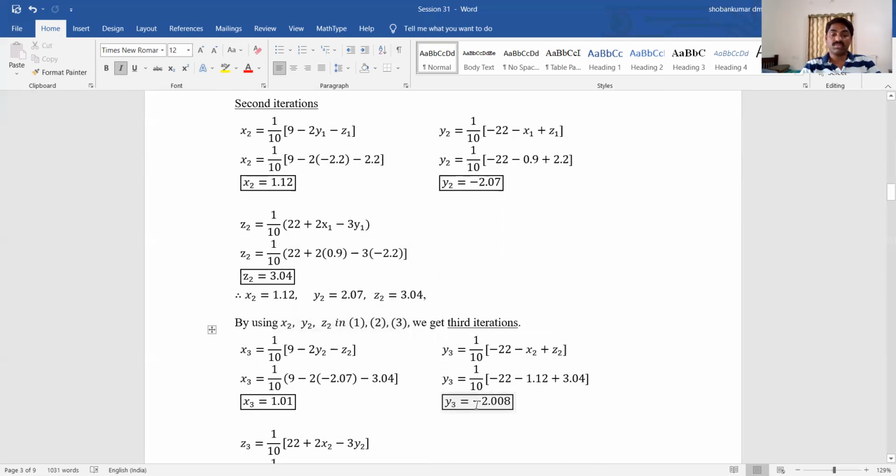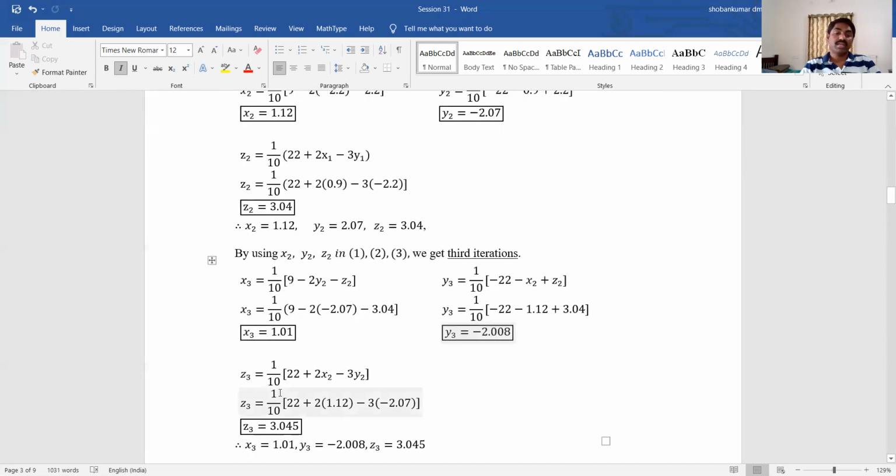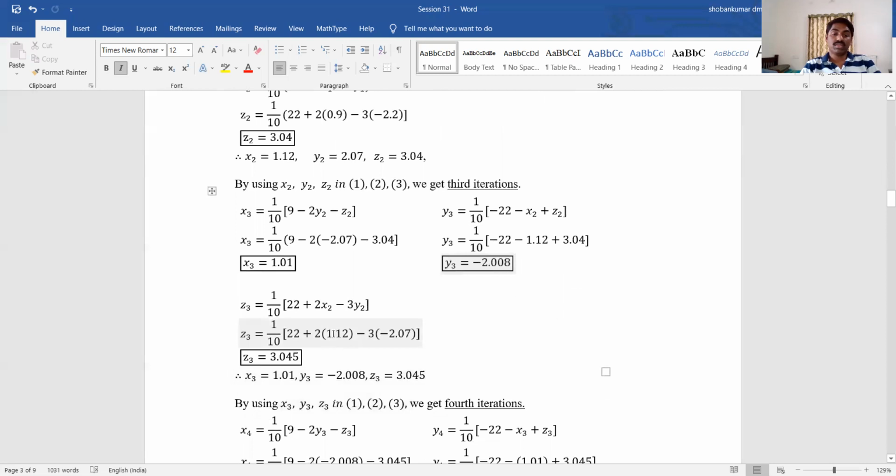Therefore, y3 = -2.008. And z3 = 1/10 (22 + 2x2 - 3y2). We know x2 and y2, substitute here and simplify, we get z3 = 3.05045. Therefore, the third approximation is x3 = 1.01, y3 = -2.008, and z3 = 3.04.